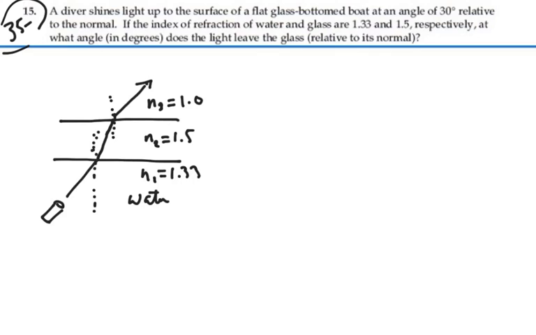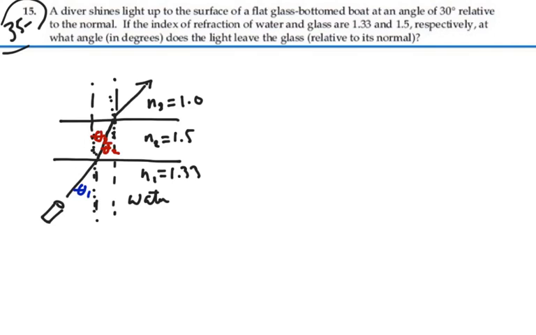So we're dealing with an angle of incidence, let's call it theta 1, and then we have an angle of refraction into the glass, let's call it theta 2, and then theta 2 will actually be our angle of incidence into the air, because we have two parallel lines with one line intersecting, and so our internal angles should be equal.